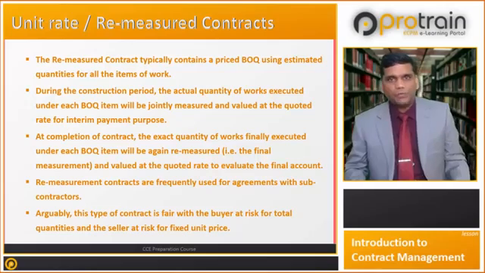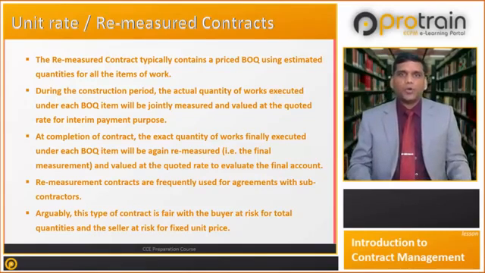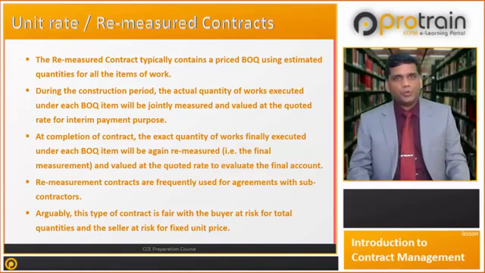At completion of contract, the exact quantity of works finally executed under each BOQ item will be again remeasured for the final measurement purpose and valued at the quoted rates in the contract to evaluate the final contract price.